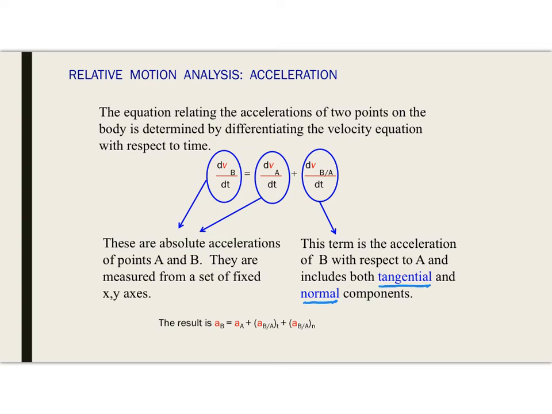Think about when objects move in a circular path: there's the possibility that they're increasing their speed, which speaks to a tangential component of acceleration. They're also, as they're going in the circular path, undergoing centripetal acceleration, and that's the normal component. And so here we're seeing that the acceleration of B can be found by knowing the acceleration of A, and then these two terms of the acceleration of B relative to A.